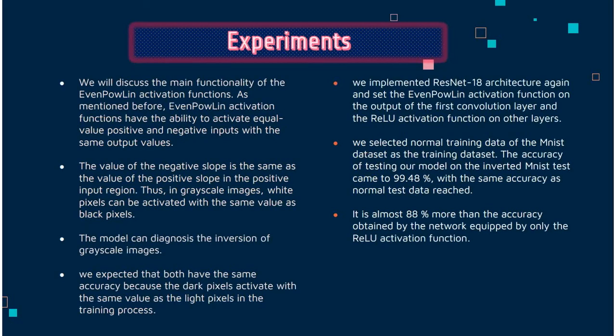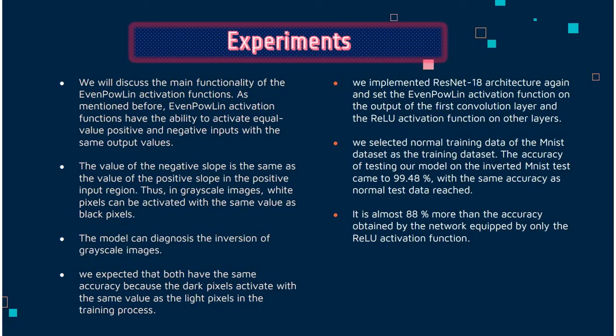Another experiment is to show the main functionality of even polylinear activation functions. They have the ability to activate equal-value positive and negative inputs with the same output value. The value of the negative slope is the same as the value of the positive slope in the positive input region.